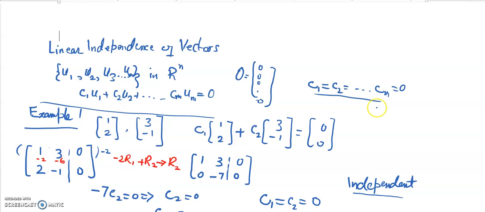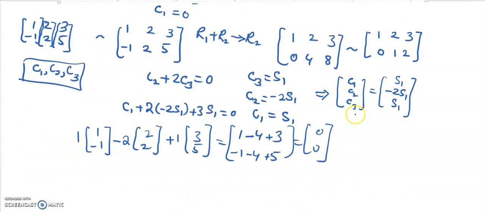But here we have found a solution in which the coefficients are 1, minus 2 and 1, which is not equal to 0. So this means that these vectors are not independent, so they are dependent. Okay, these three vectors are dependent.